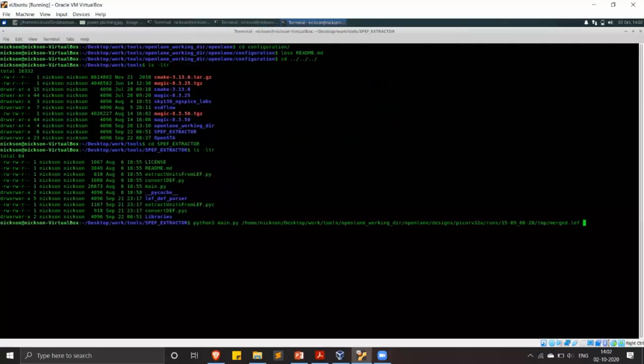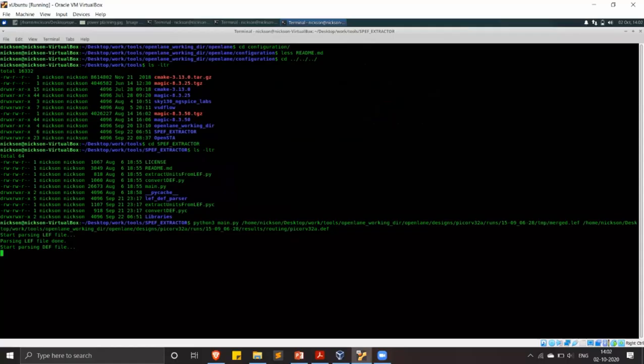Copy everything, the entire location, and I will do this step. So this will create the spec file, and the spec file will be present in the same location as that of the def. So you can see the left and the def file parsing happening.